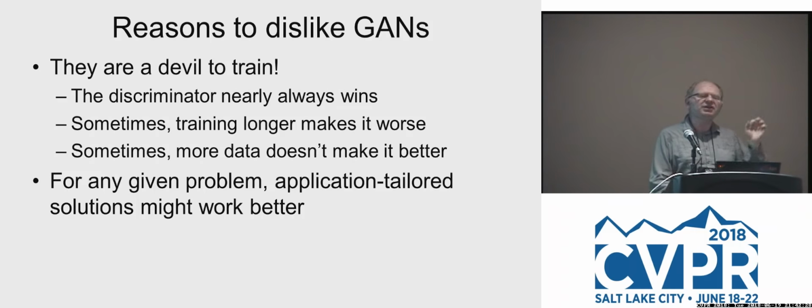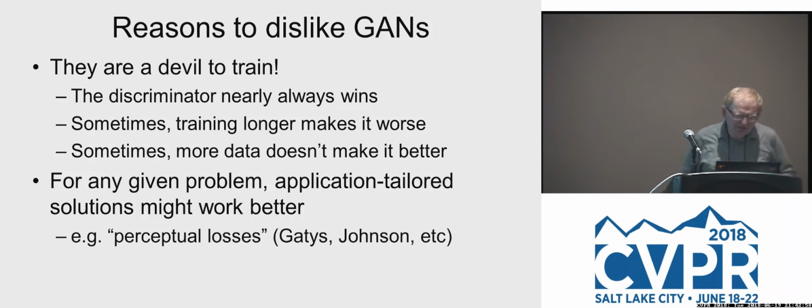But if you're really only solving one problem, a more application-tailored approach will probably be better for you. It will be easier to train. You will probably get as good or better results. Okay? Now, of course, once you produce a solution, it might not translate easily to something else. But if you only have one thing to do, then maybe this is a fine thing.